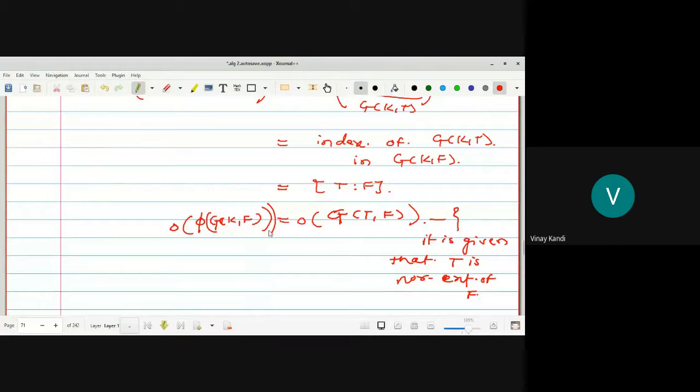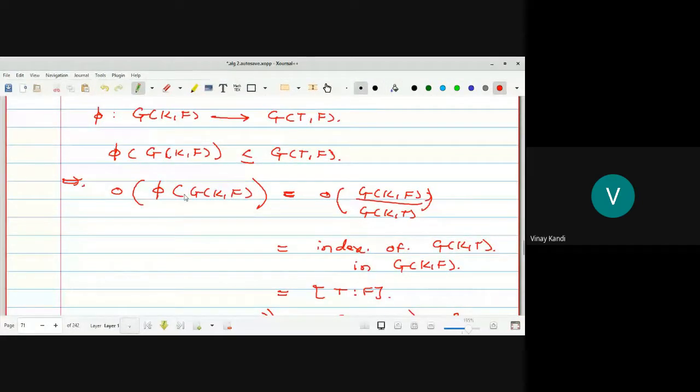Now GTF is a subgroup of phi of GKF, and the order of this one is equal to the order of that. So both are equal.